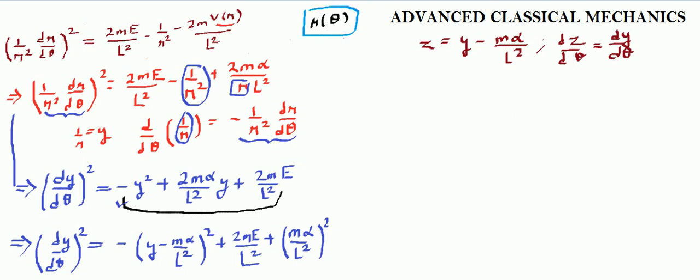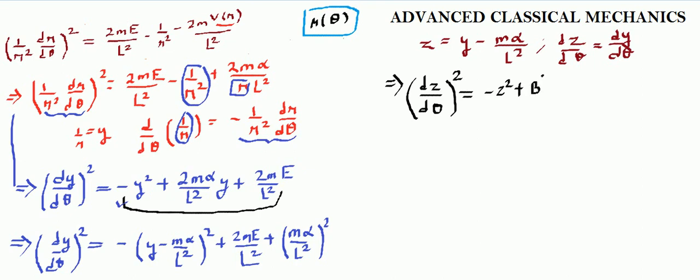Now the entire equation can be written. I'm changing color after each trick. So now the entire equation becomes (dz divided by d theta) whole square equals minus z square plus b square.